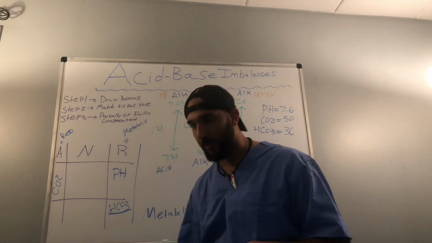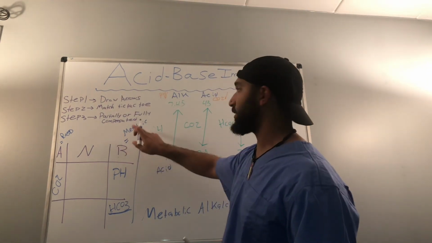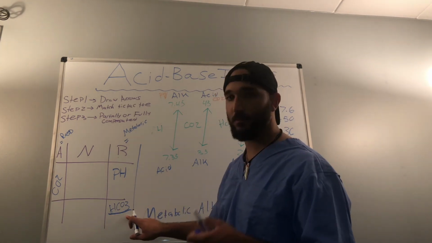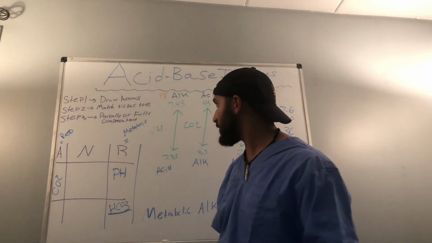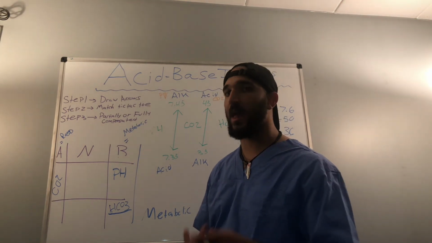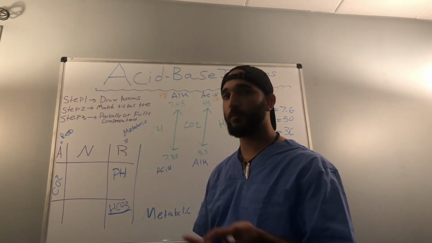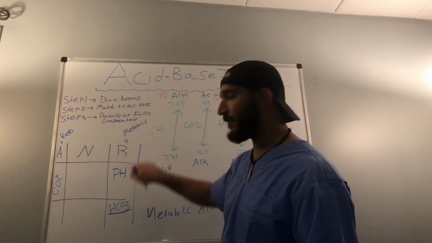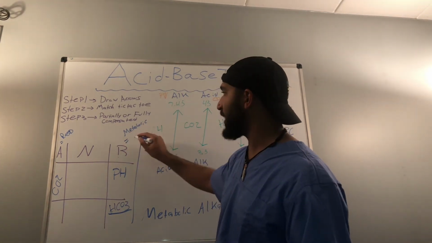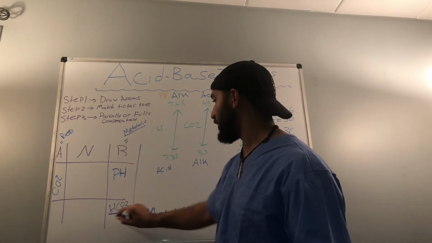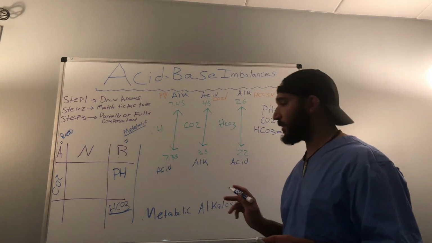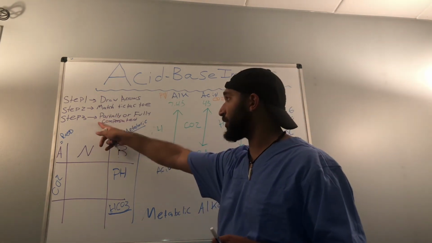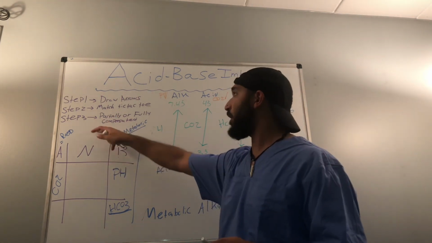Let's go through that again. B is metabolic. HCO3 is alkalotic, CO2 acidotic, right? So we have our tic-tac-toe. So we have metabolic alkalosis. There you go.